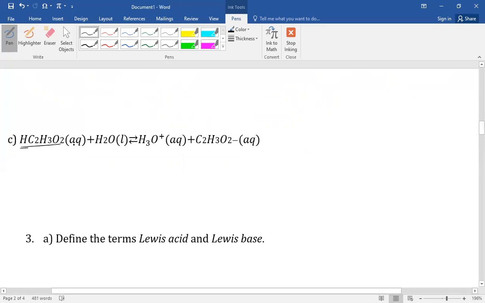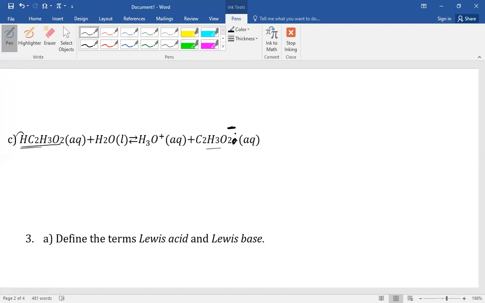So here, if we look at this, there's a hydrogen there, but here there is no hydrogen. So what do we do in this case? Because the charge here is negative, we now have that negative charge, which means that one hydrogen has been removed.